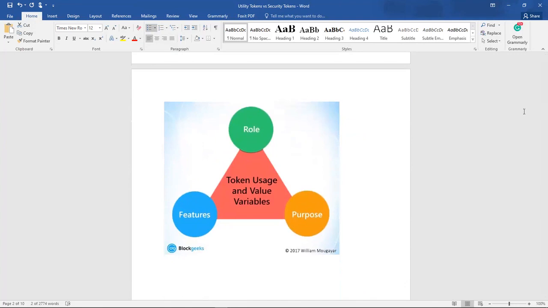It must have a role, it must have features, and it must have a purpose. So always remember this when you really want to consider a particular token: look at the role, the features, and the purpose of that particular coin.